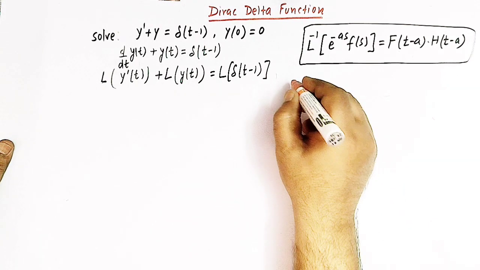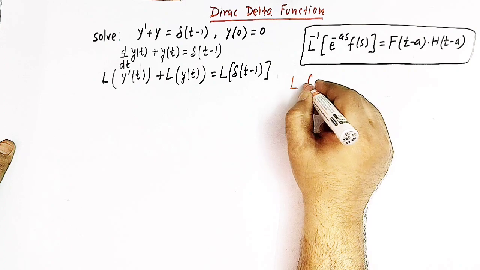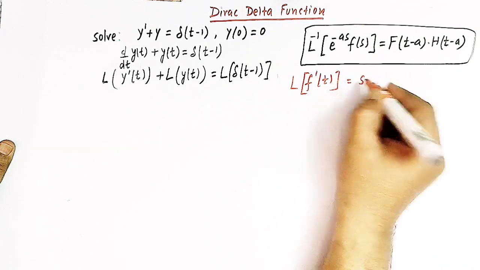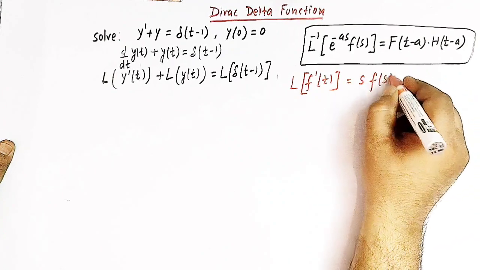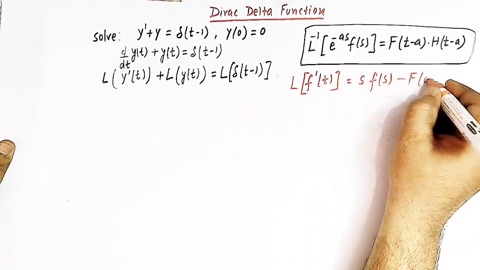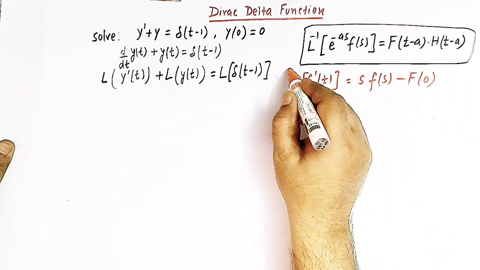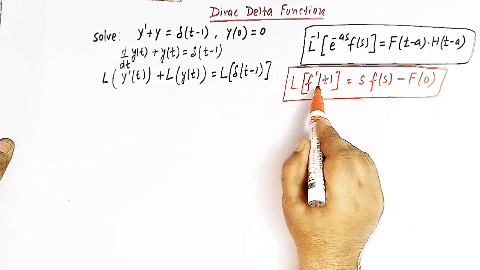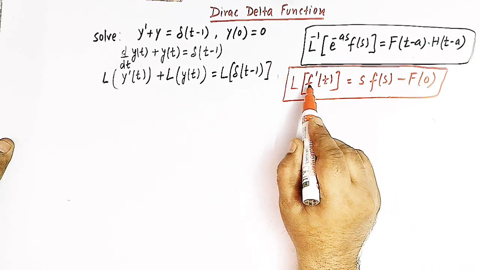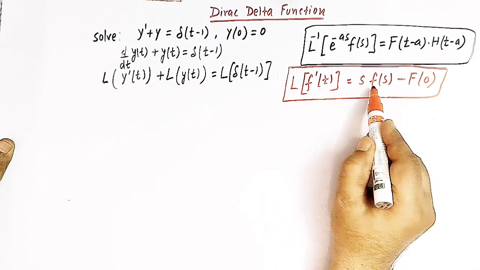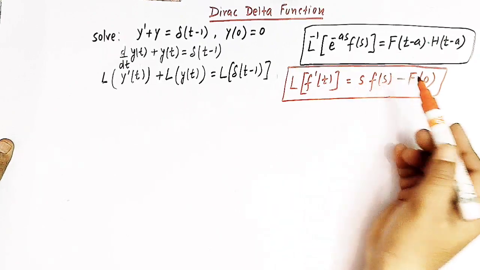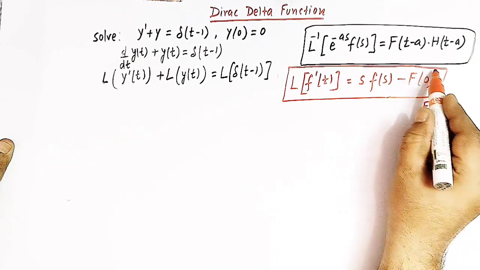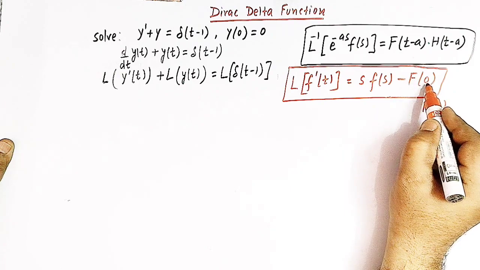The Laplace transform of f prime of t is given by s times F of s minus f of 0. This is the direct result we are going to use here. The Laplace transform of the derivative of f of t is given by s times the Laplace transform of the function f of t, minus the value of the function at 0.